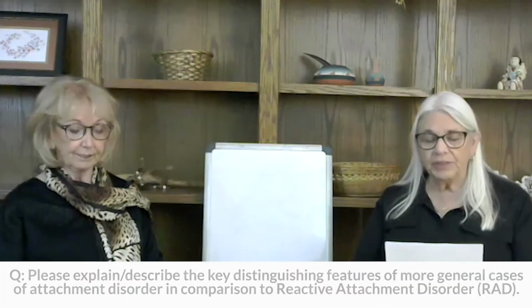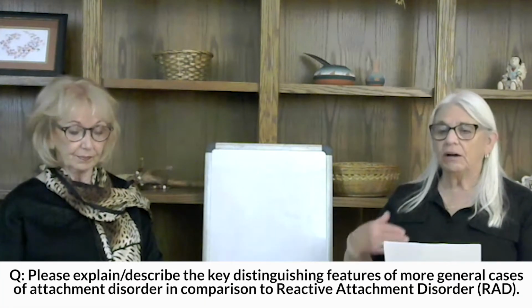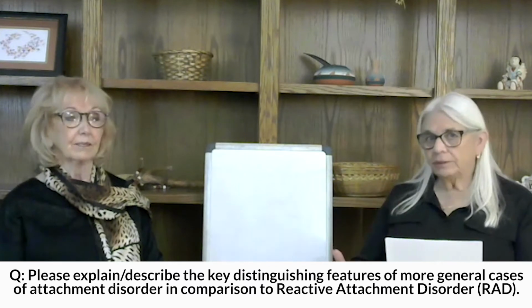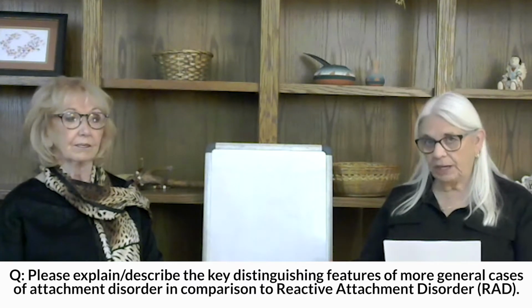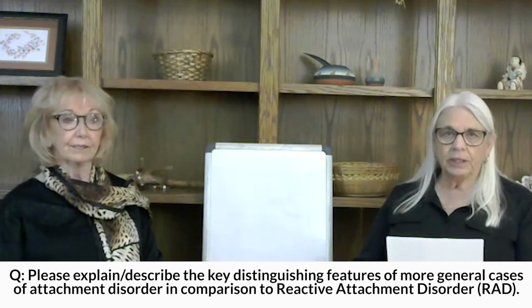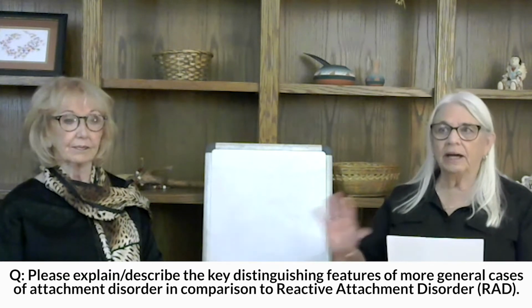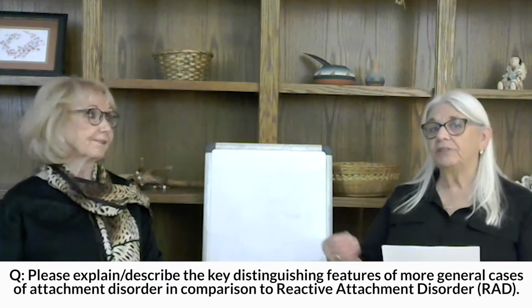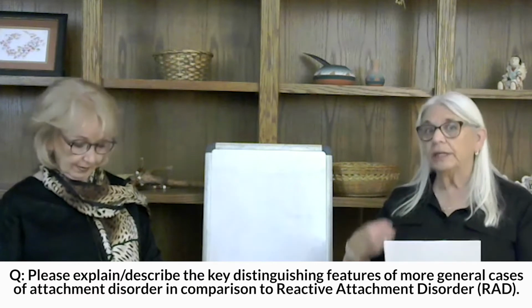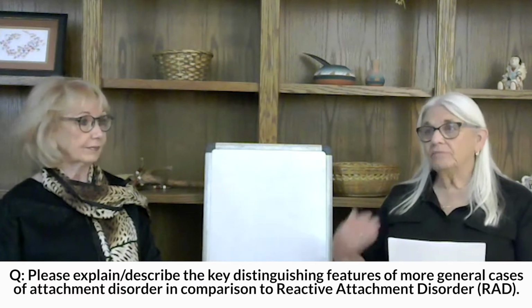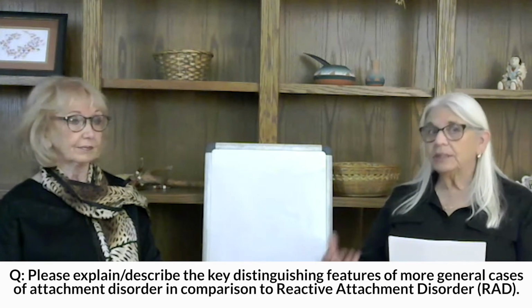So some of the features that we see are a high need for control, opposition, behavior, a lack of bonding with the caretaker, pushing back, not allowing the caretaker or actually anybody in a significant relationship to get emotionally close, anger, anxiety, depression.